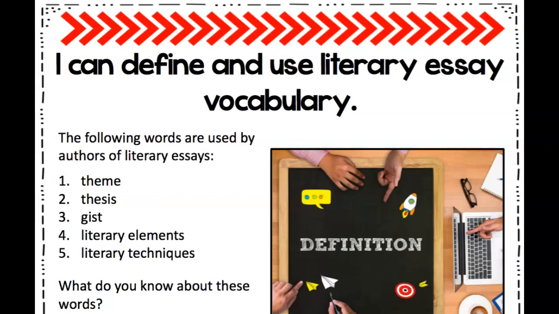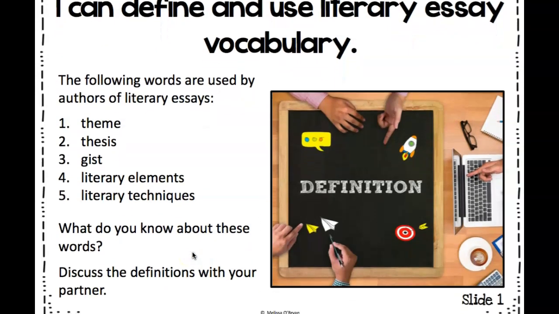Okay, so the following words are used by authors of literary essays. You're going to hear the word theme, thesis, the gist of something, literary elements, and literary techniques. So the question is, first of all, what do you know about these words? I want you to take a moment and think about it. You can even pause the video to think about what you know about those words. I know we're not in school, so you're not going to share with a partner.